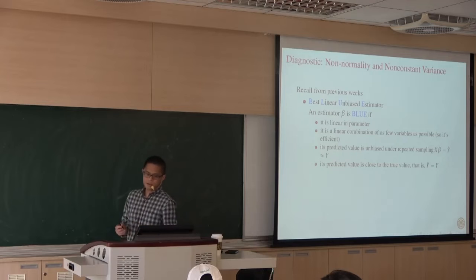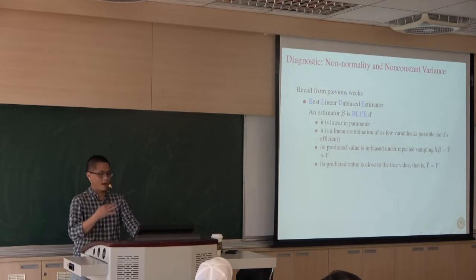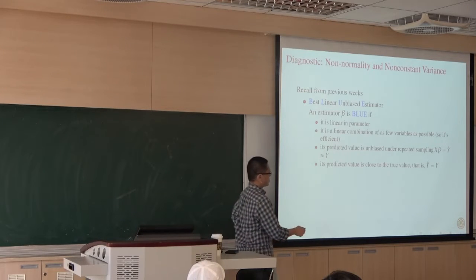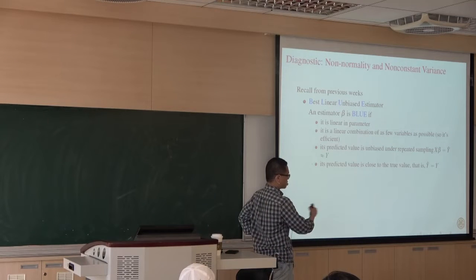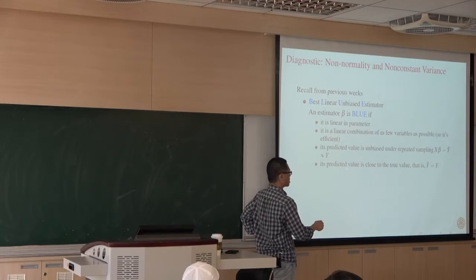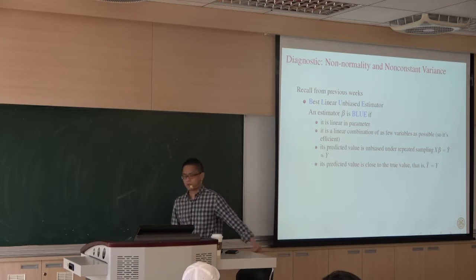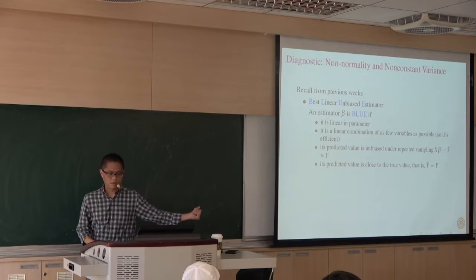And also, its predicted value, your y hat, is unbiased under repeated sampling. As the number of samples goes to, say, infinity, the predicted value should be close to the true population value, which is a value that we would never know.